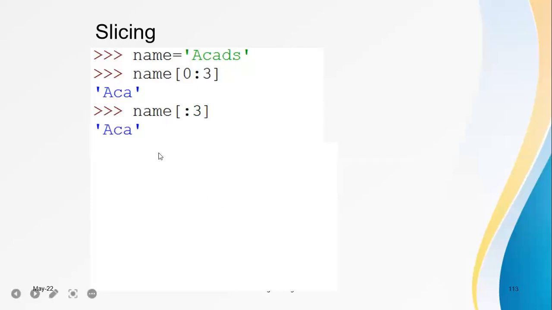So from the beginning to 3, both are the same. Clear? Any questions? Here, what is the answer?